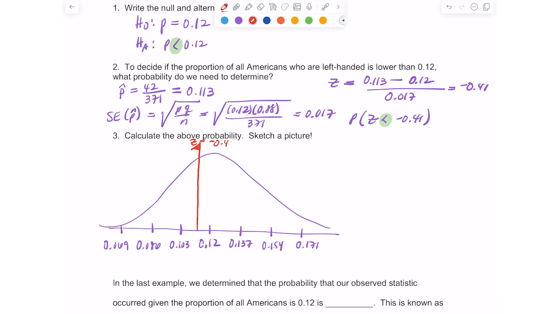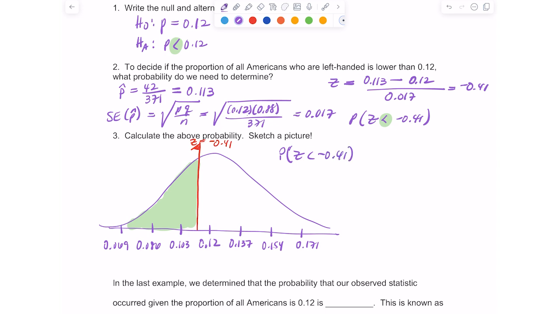And I know that I'm looking for where z is less than that. So that would mean I'm going to shade to the left. So I'm finding the area to the left of the flag. So to do that, I'm going to find the probability that z is less than negative 0.41.